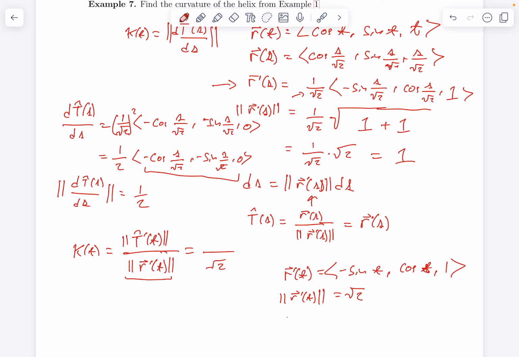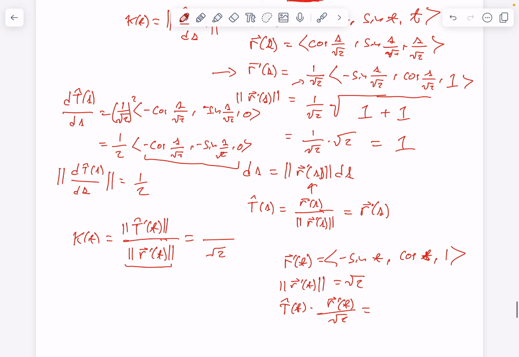And so my unit tangent equals r prime of t divided by square root 2, which is 1 over radical 2 times negative sine t, cosine t, 1.